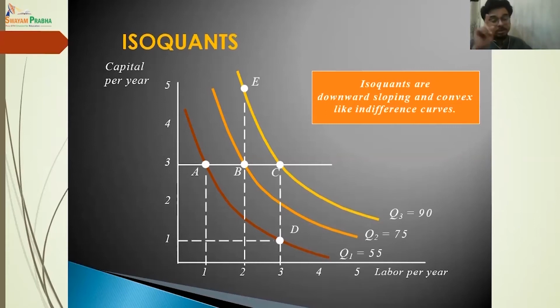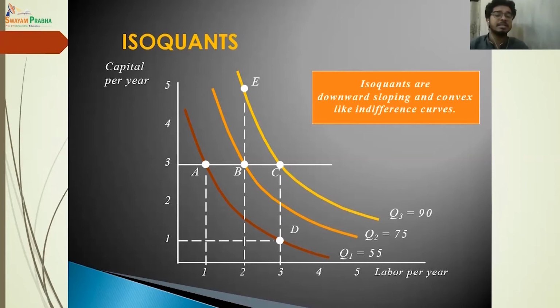Mostly we keep labor L on the x-axis and capital K on the y-axis. You don't need to write labor per year or capital per year. You can just write L and K, or L/YR, K/YR, to save time, because L and K for labor and capital are almost globally accepted.